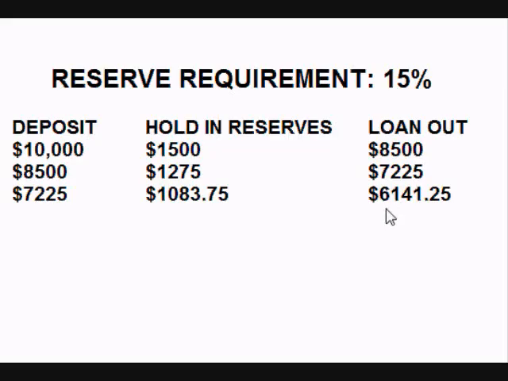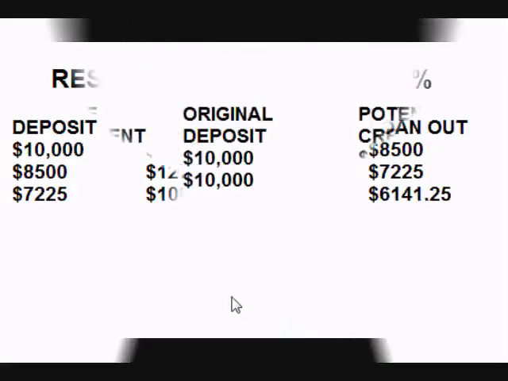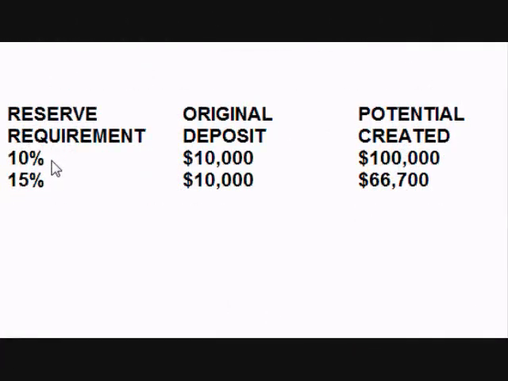As you can see, raising the reserve requirement by just 5% significantly lowers how much money can be created through the deposits. If the reserve requirement is 10%, a $10,000 deposit has the potential of creating $100,000, or 10 times the amount of the original deposit.